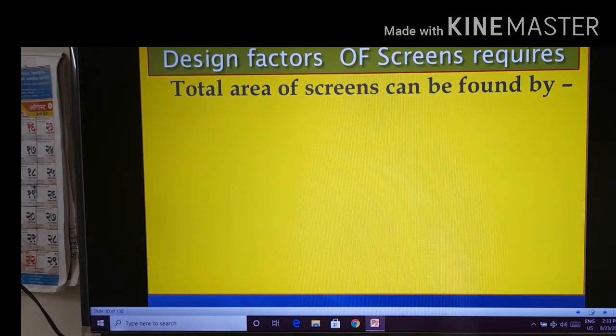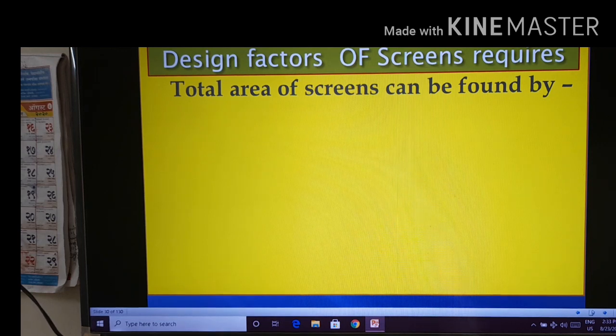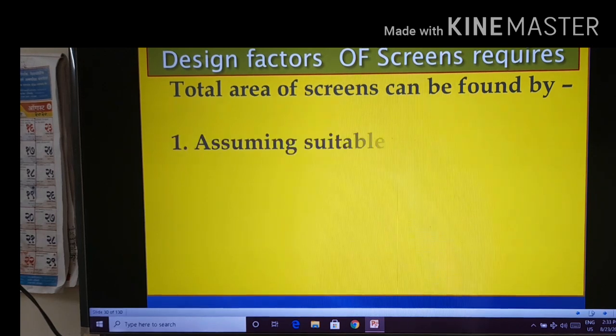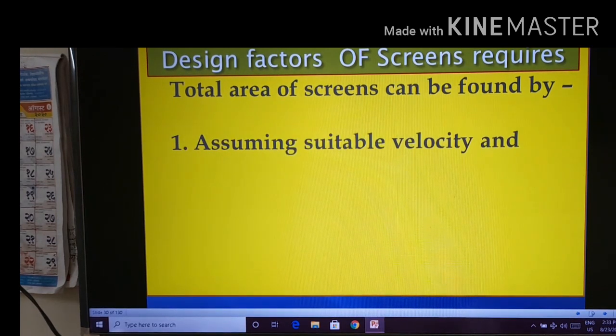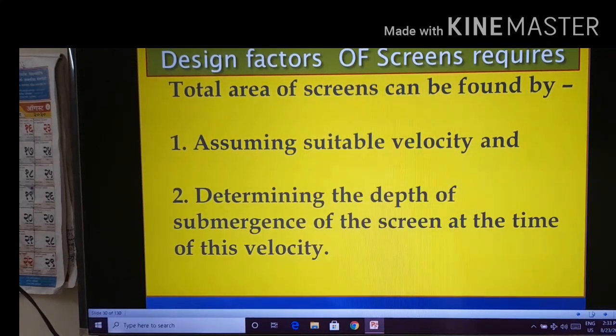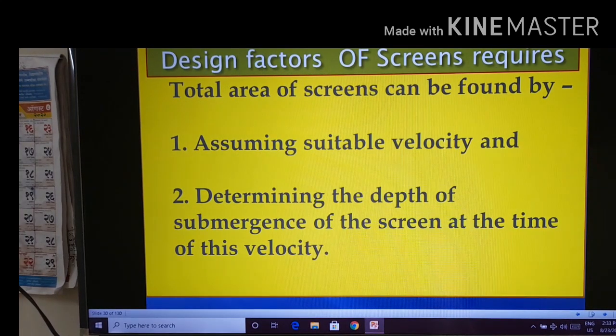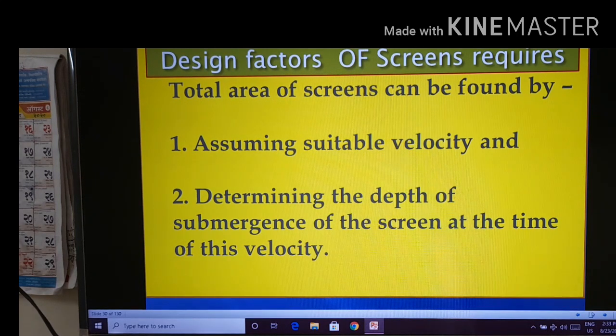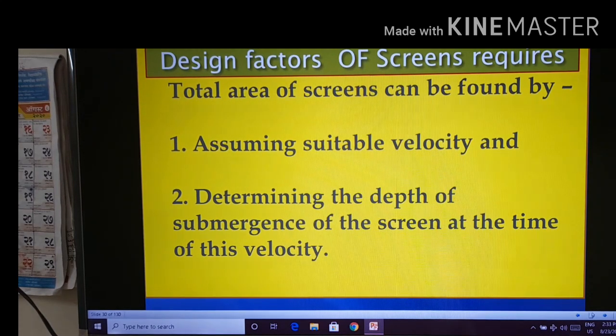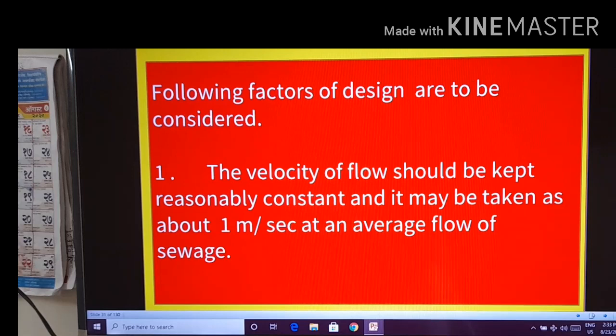The design factors of screens: the total area of screens can be found out by first assuming a suitable velocity and determining the depth of submergence of the screen at that velocity. The following factors of design are to be considered.